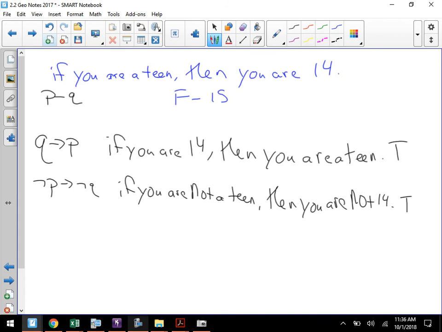That's true. And then flip that one. If you are not 14, then you are not a teenager. Also correct though. You're not a teen, you're not 14.